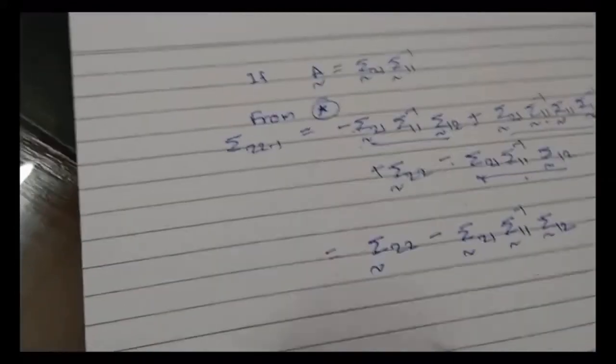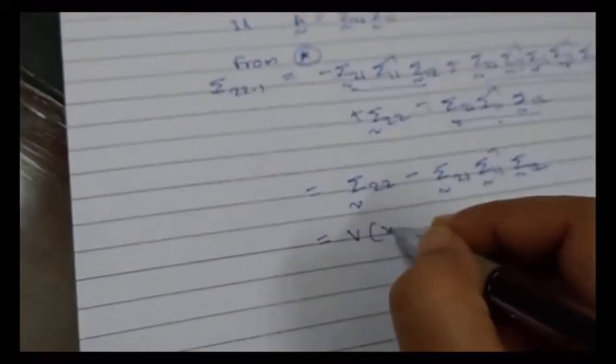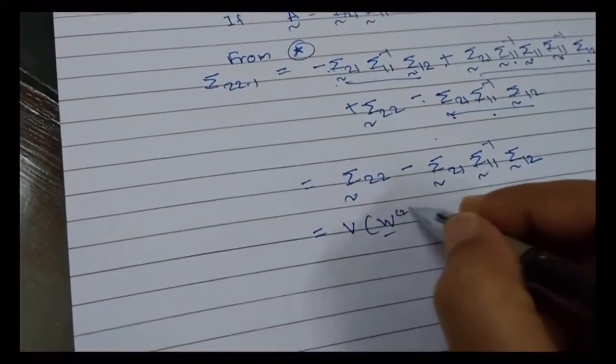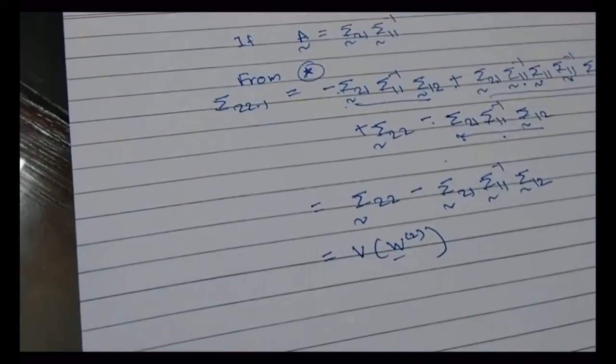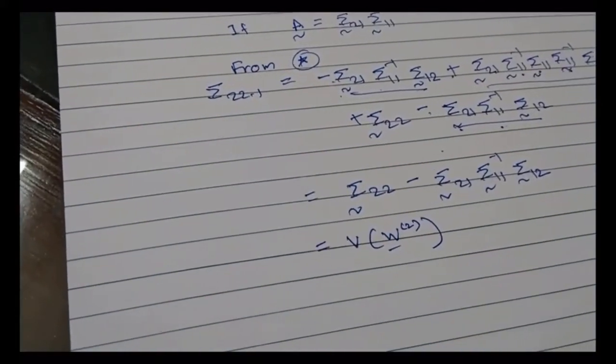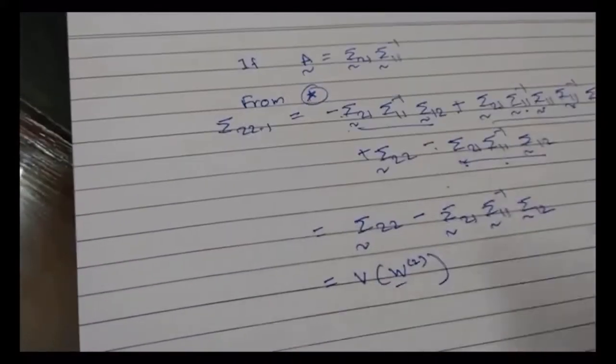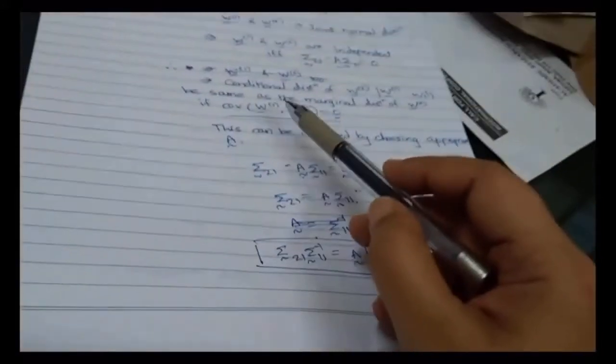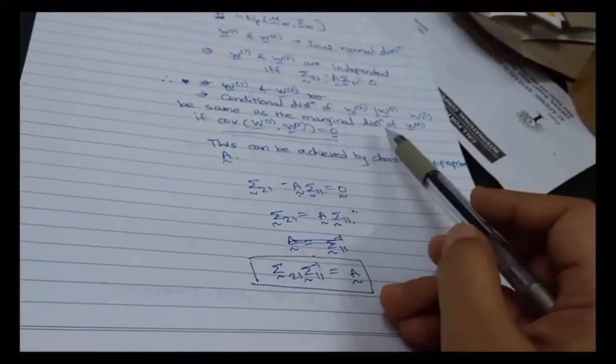Okay. So this is nothing but variance of W2. This is the marginal variance of W2. What we were saying is, by this choice of A, my conditional distribution and marginal distribution are going to be the same.